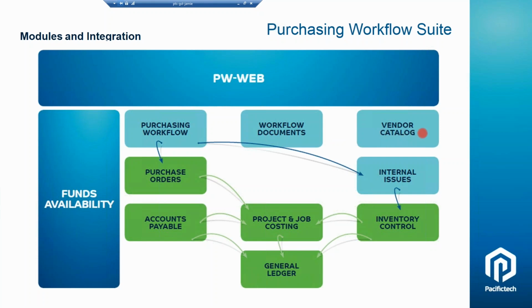Then over on the right here, we've got a couple of other modules that, for some businesses, are not applicable, so they don't need to buy them, but for other businesses they're really important. Internal issues is quite a good one. That's used a lot by mining companies. We've got quite a good number of mining companies around the world that use this whole suite. Internal issues is where you're consuming the inventory.